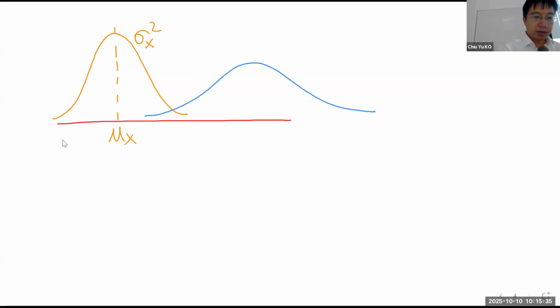Okay, let me draw it a little bit in red, and the blue color. You can see the mean is much higher. The variance is different, right? It's much flatter. Now, suppose I draw a number from the orange bell, which is the X bell, and I draw a number from the Y bell. I add together the values of the two bells.